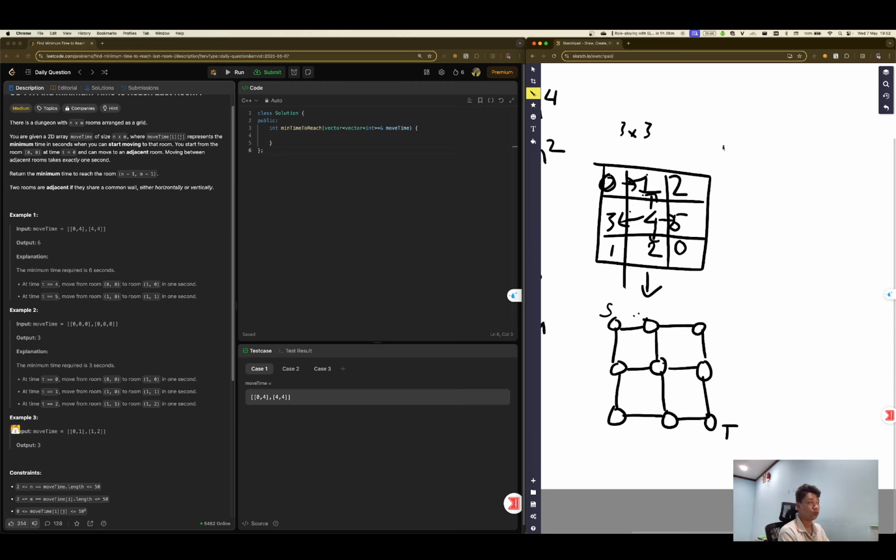So it will cost you 1 minus 0 to wait, and 1 is the time it takes to move from a room to another room. So you can create this edge with a weight of 2, right?